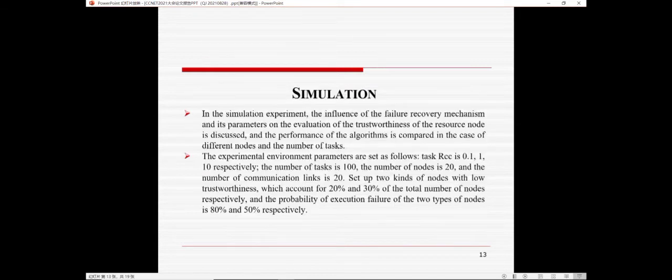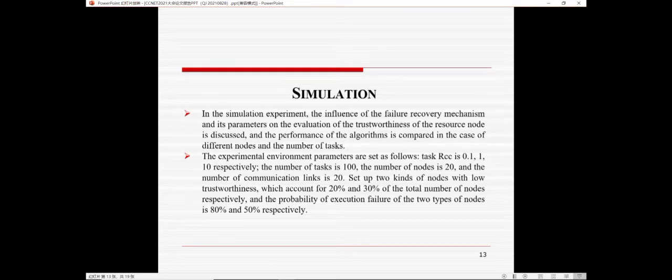So we have taken some simulations in the experiment. In the simulation experiment, the influence of the failure recovery mechanism and its parameters on the evolution of the trustworthiness of the resource node is discussed.